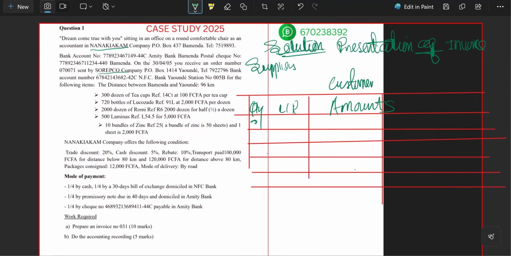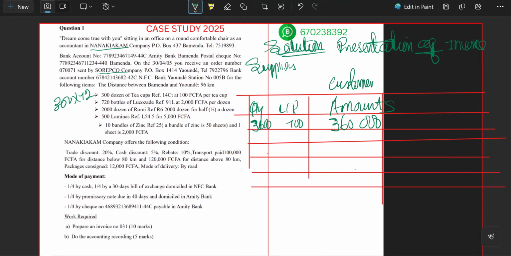The quantity will be 12 times 300, which gives us 3,600. And then the unit price was 100. So if we multiply 3,600 times 100, we're going to have 36,000 francs as the amount that was paid. Okay, that's good. Now let's continue.